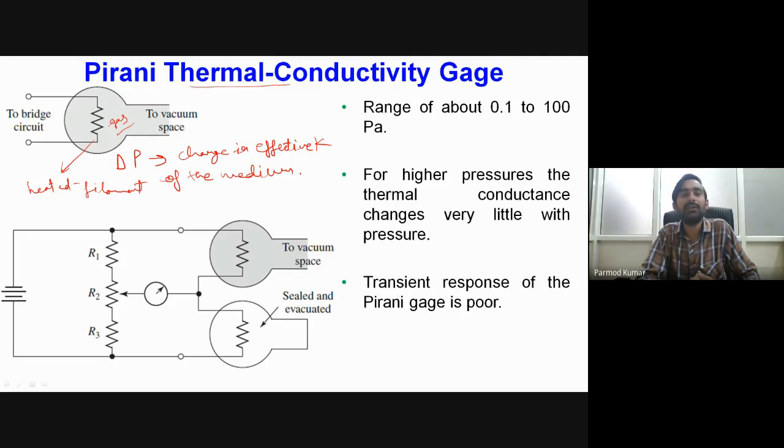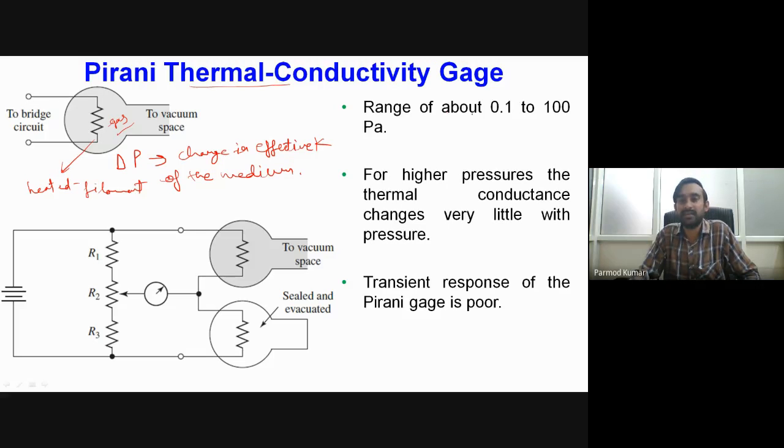And finally, we will have some thermal equilibrium between our filament and the gas. Okay, so now the time required to attain the thermal equilibrium will change with the change in thermal conductivity of the gas, and thermal conductivity of the gas is a strong function of the change of pressure. So depending upon that heat transfer characteristics, we can relate it to the pressure condition of the gas.